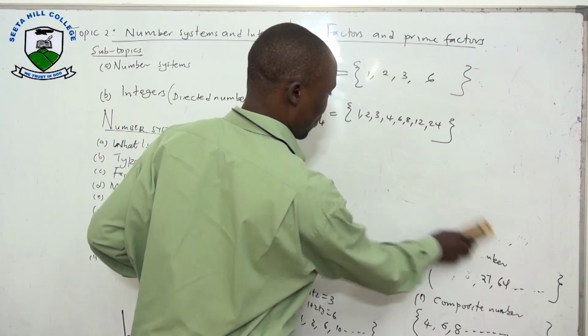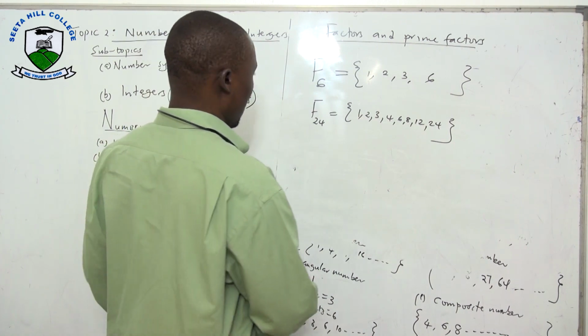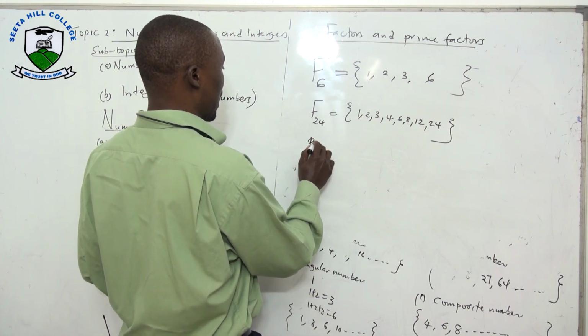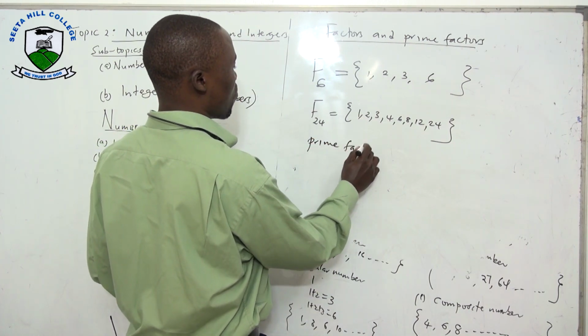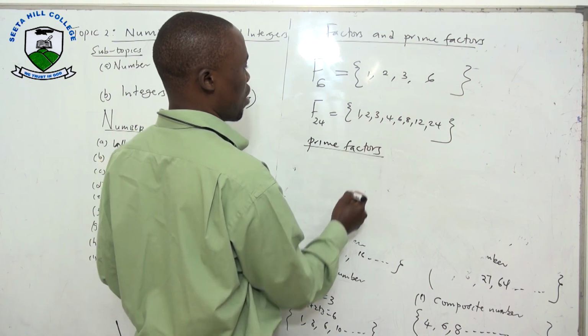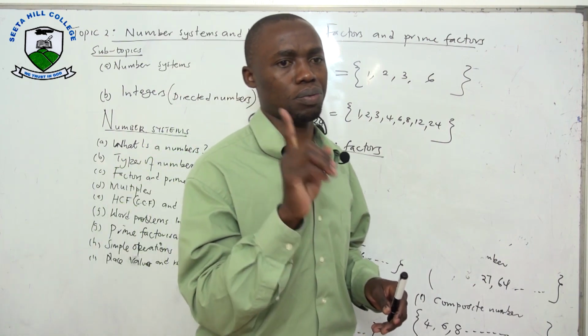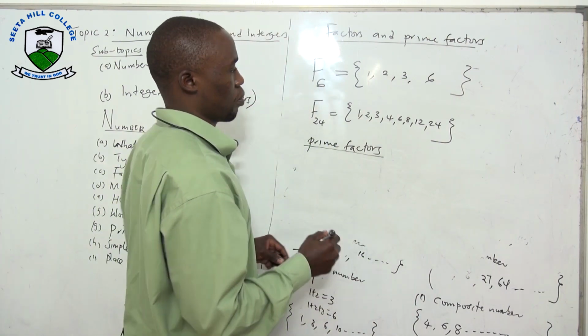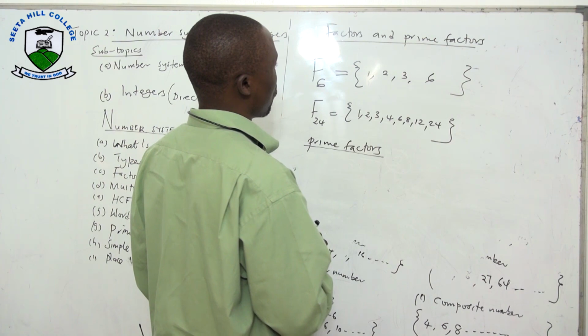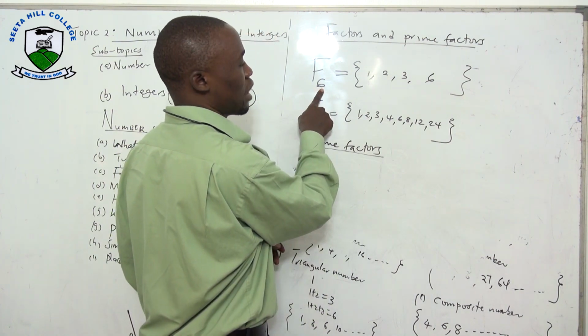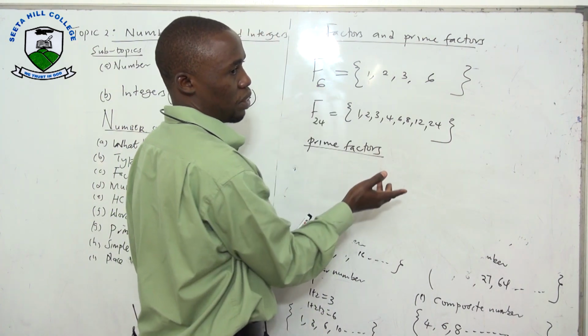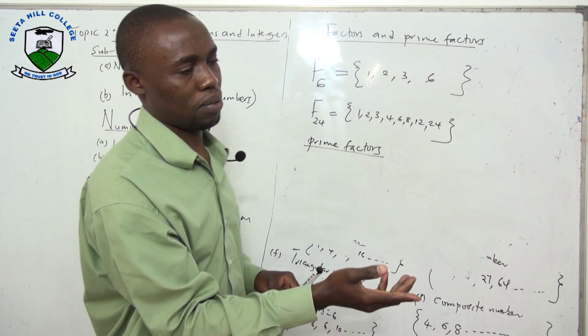We shall see. Okay, let us go to prime factors. What's a prime factor? A prime factor is just a factor which is a prime number. If you say what are the prime factors of 6? 2 and 3.